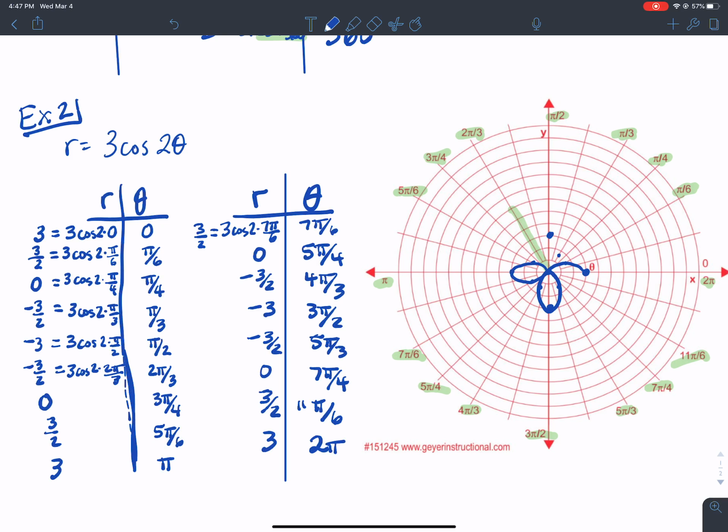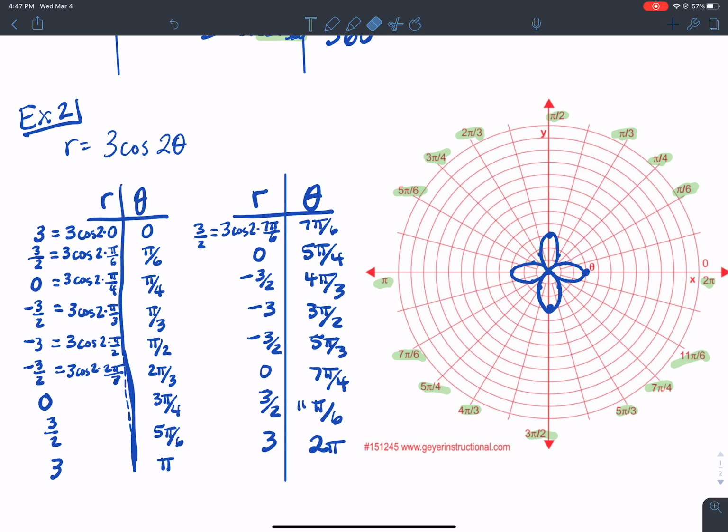We have to go back 1.5. So it's right there. So again, we're looping. This looks something like that. And then we're back to 0 for 7 pi over 4. And then at 11 pi over 6, we're at 1.5. And then at 2 pi, we're back out to 3. And so we come back to where we started.